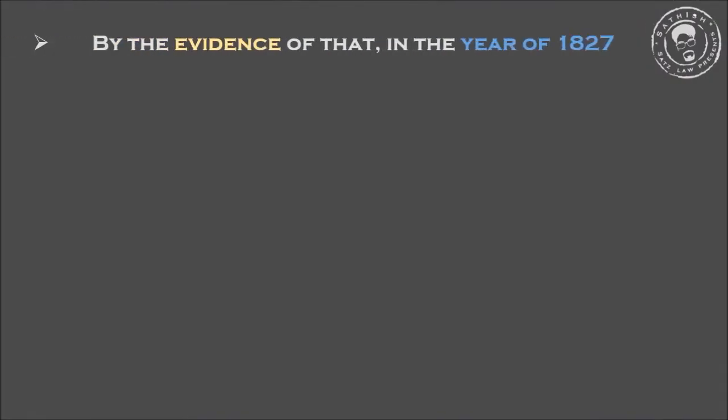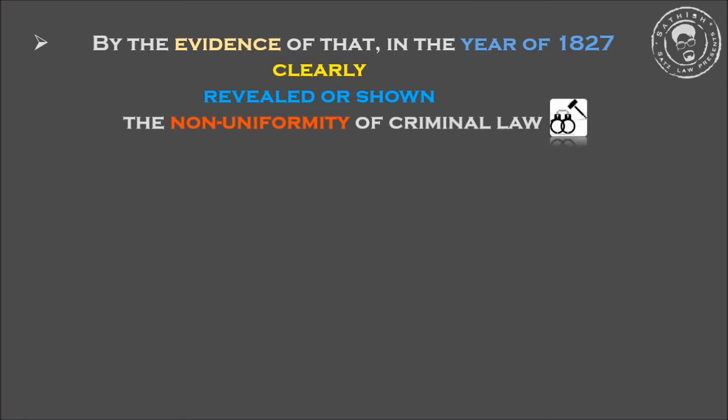As evidence of that, the year 1827 clearly revealed the non-uniformity of criminal law in India.